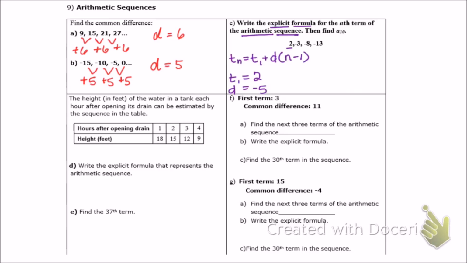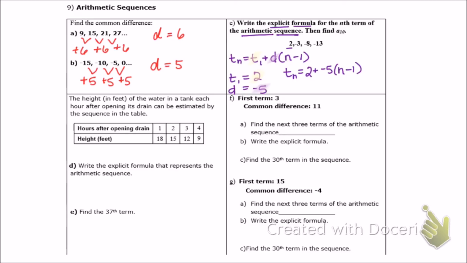So we need to plug those values in. The 2 is going to replace our t sub 1, and then the -5 is going to replace the D. So let's plug that in and see what happens. We've got t sub n equals 2 plus -5 times n minus 1.